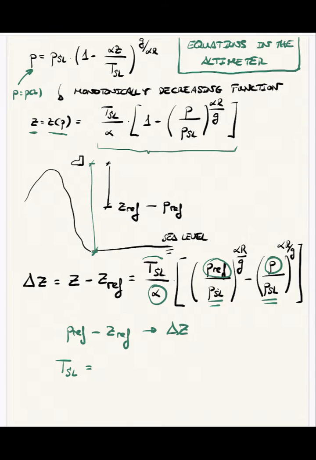So in this equation, when you are operating for the altimeter, you have to be aware that temperature at sea level means temperature at sea level in ISA conditions, and that alpha means alpha at ISA conditions. And of course, the constant of gases, the gravity, and all these parameters are constants that you should be familiar with and know. And the pressure would be obviously the pressure at sea level in ISA conditions when we are getting the readout from an altimeter.